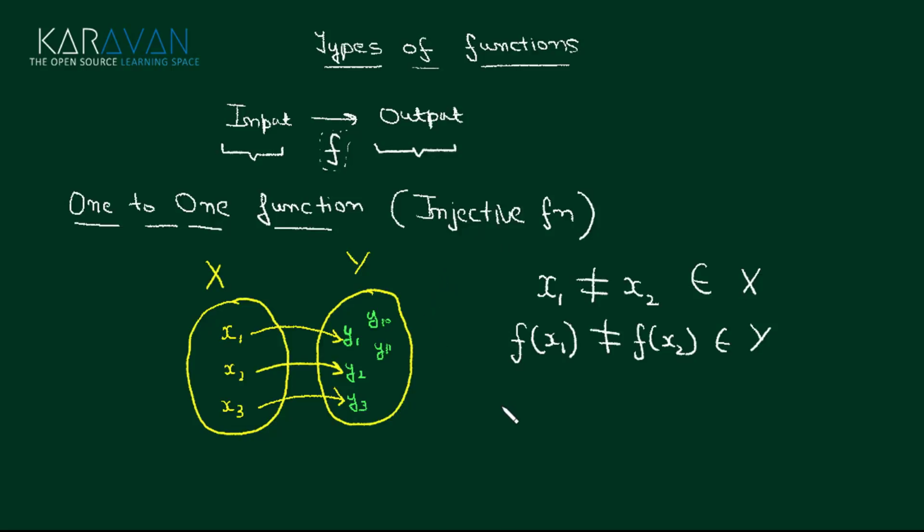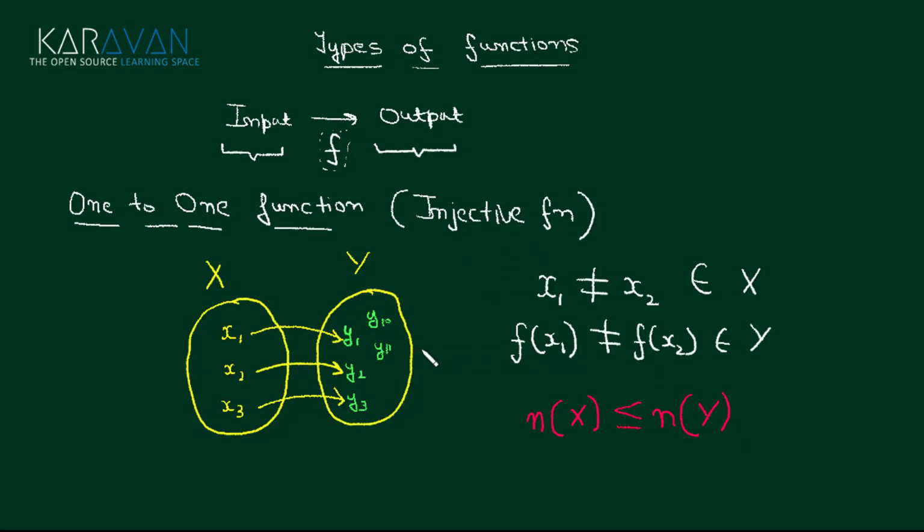And here there is a very important implication that we will be using further. The implication is the cardinality of X, given by n(X). Cardinality means the number of elements in X. The number of elements in X is always either less than or equal to the number of elements in Y if the function is an injective function.